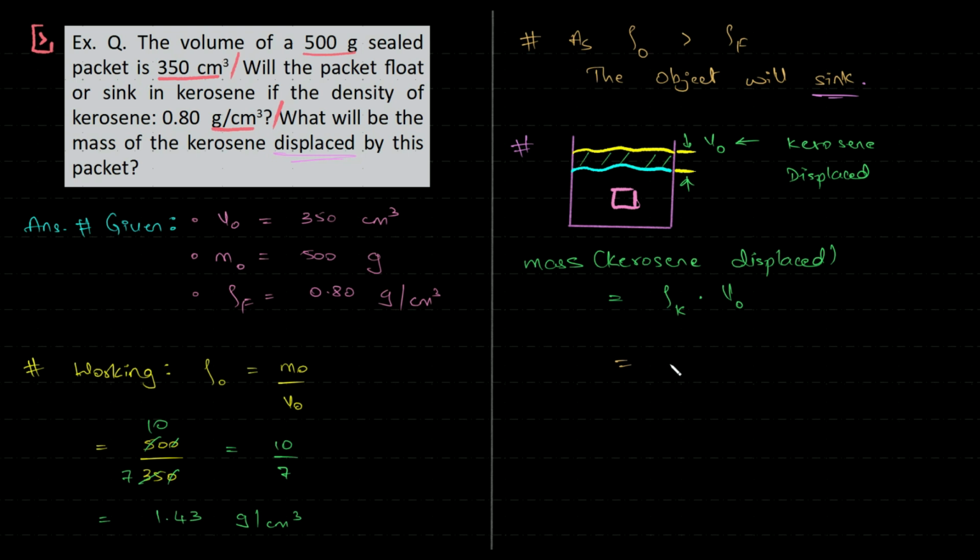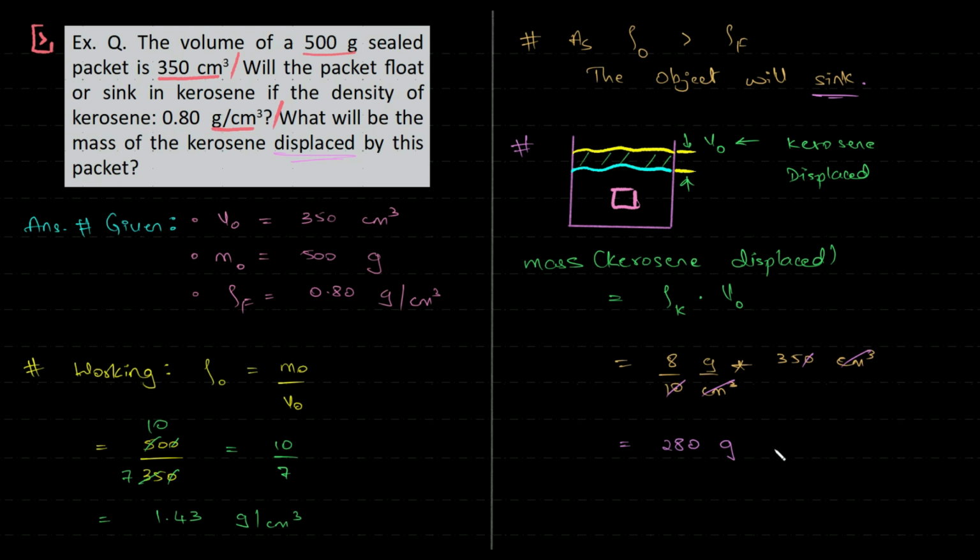So you know the density, it's 8 by 10 gram per centimeter cube, and the volume is 350 centimeter cube. In terms of units, this and this will get cancelled. In terms of value, this and this will get cancelled, and this would be 280 gram.